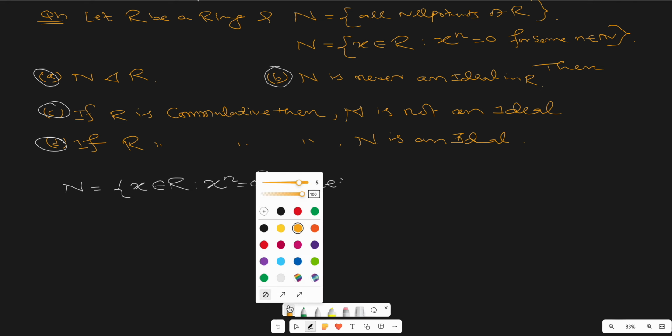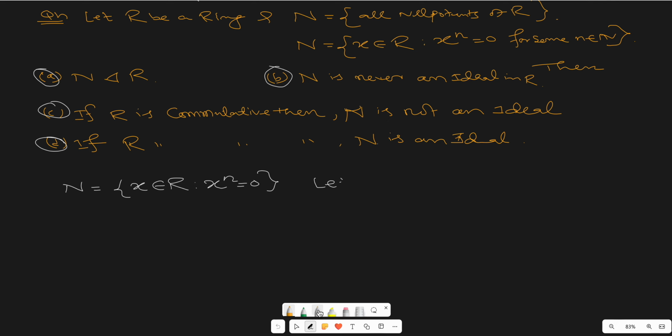Sorry for the inconvenience. So we have to check whether n is an ideal or not, and when n can be. Let a, b be two elements inside n. This implies that a to the power n1 is 0, and b to the power n2 is 0, because all the elements are nilpotent for some n.